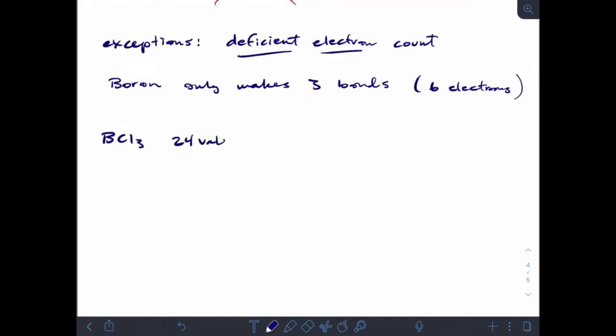Has 24 valence, and the drawing comes out like so. Right now, if we disregard the octet rule and take a look at formal charges, we'll find that everything in here has a formal charge of 0.